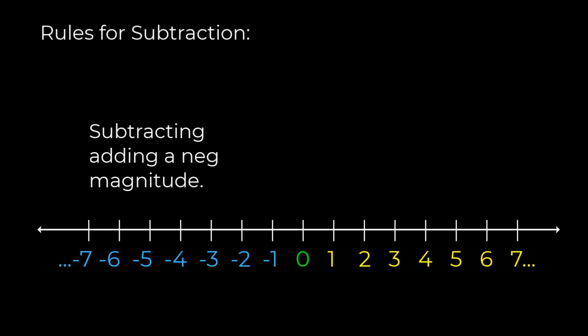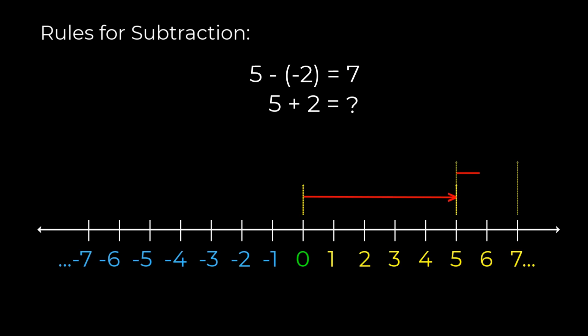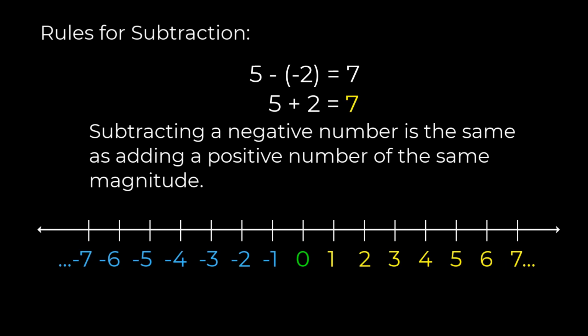Similarly, you may notice that 5 minus negative 2 is the same as 5 plus 2. That is, subtracting a negative number is the same as adding a positive number of the same magnitude.